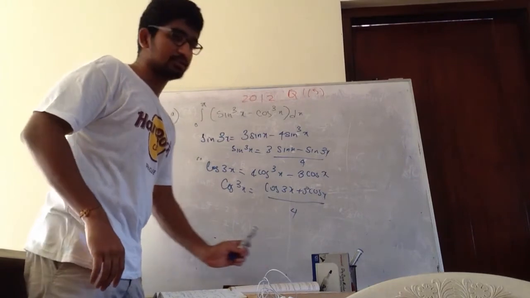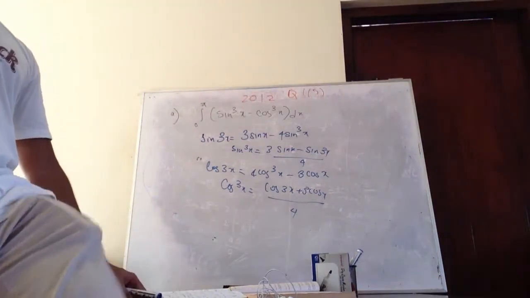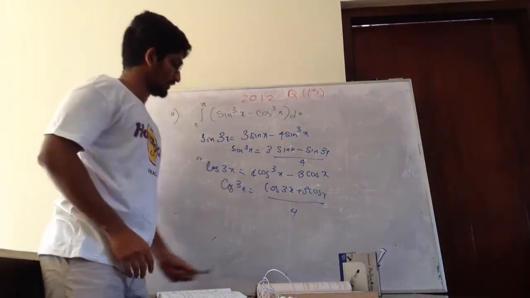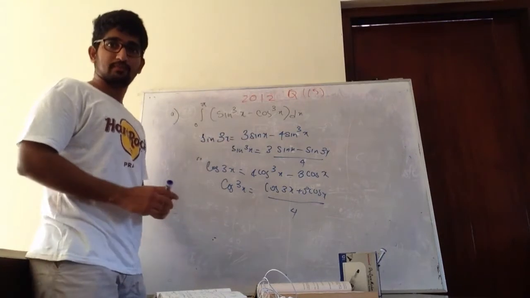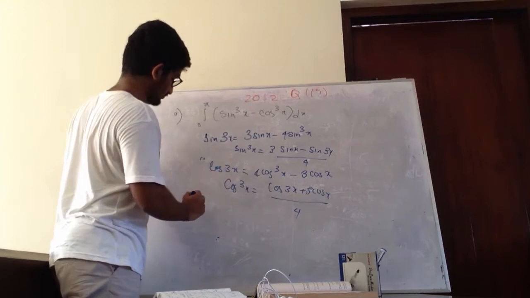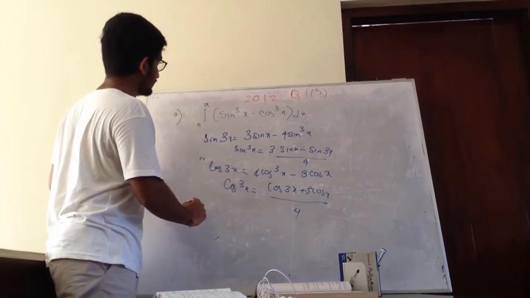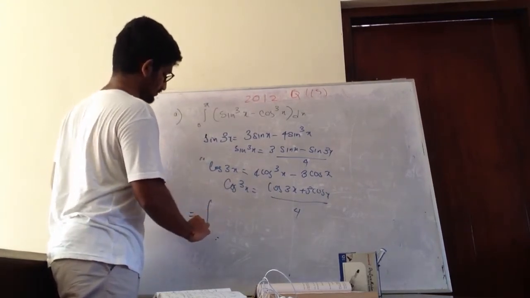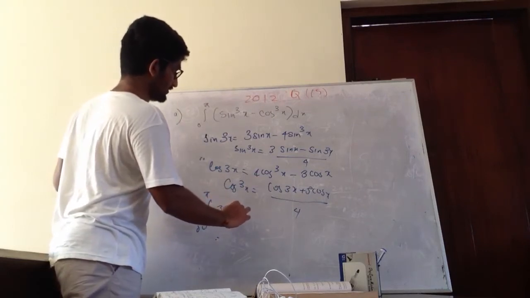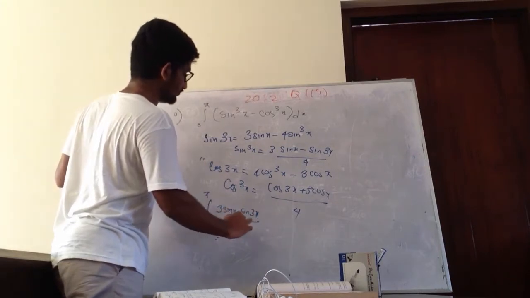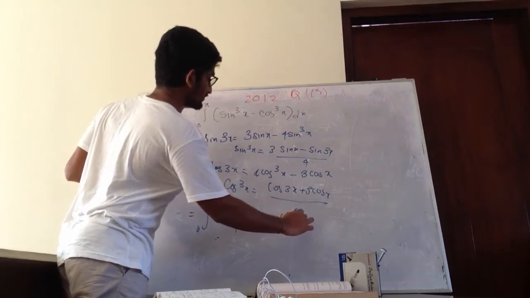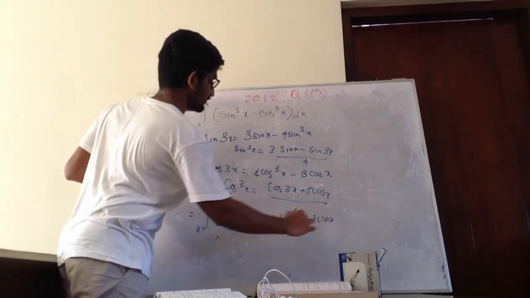So then what I'm going to do here is substitute, right? When I substitute it here, it will be the integral from 0 to pi of (3 sin x minus sin 3x over 4) plus (cos 3x plus 3 cos x over 4).